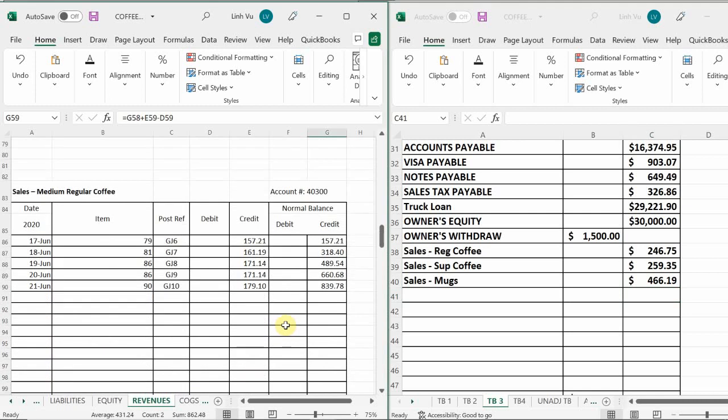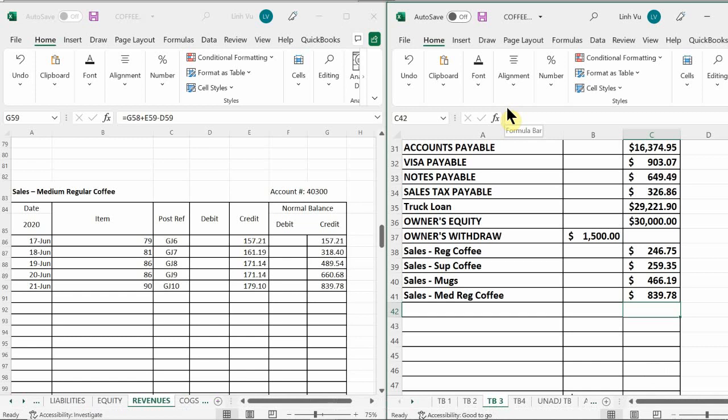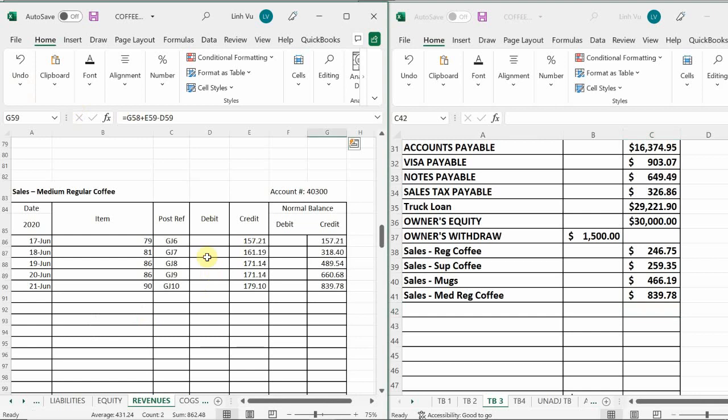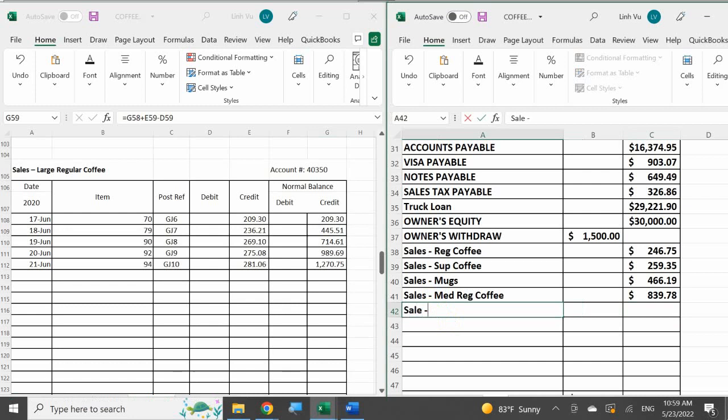Next I have my sales medium regular coffee, 839.78 credit. Next is my sales for large regular coffee, 1,270.75 credit.